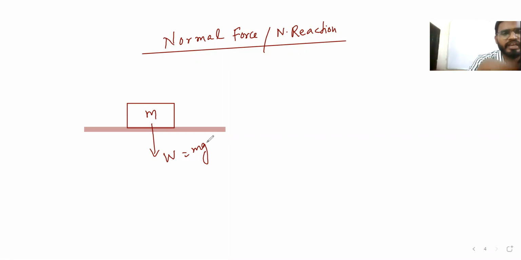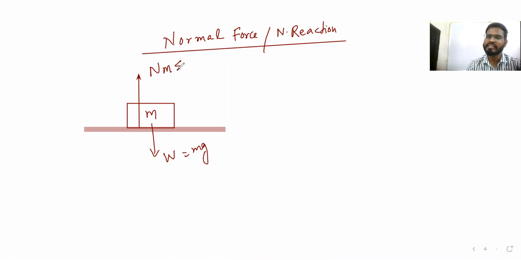That force, guys, is the normal force. Now it is balanced. Newton's third law says there should be an action and reaction, but that we'll see in the third law of motion. Here, of course, there will be a normal force, the normal force on the object m due to the surface.